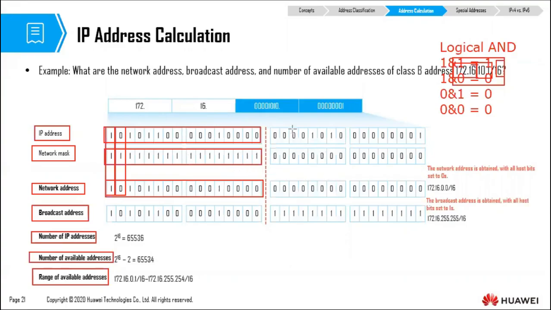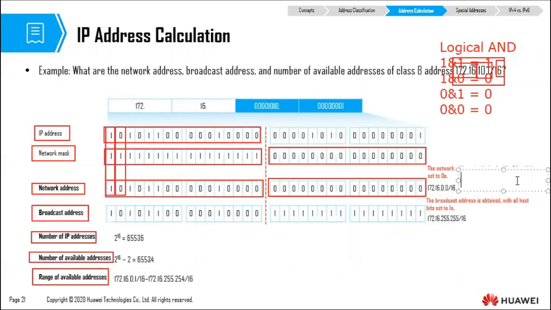Okay. So finally, we also know that after the consecutive ones, we are going to have consecutive zeros for the host bits of the mask, right? And when you AND anything with a 0, what do you get? When you AND anything with a 0, you get zeros. So you will get that our network, that one is very small. Let me just write it. Our network ID is 172.16.0.0.